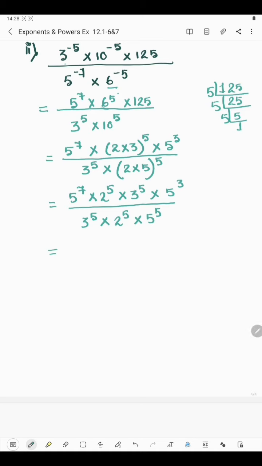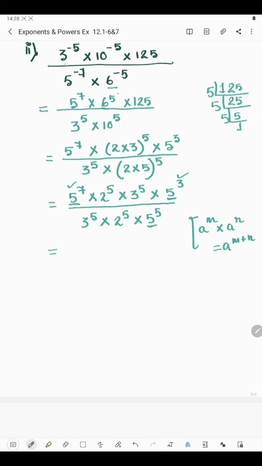Now we can see we have the same base, so we can apply the law here. At first, see 5 raised to the power 7, here we have 5 raised to the power 3, and here 5 raised to the power 5. At first we take these two, because if we have the same base and a multiply sign in between, then we add the powers.